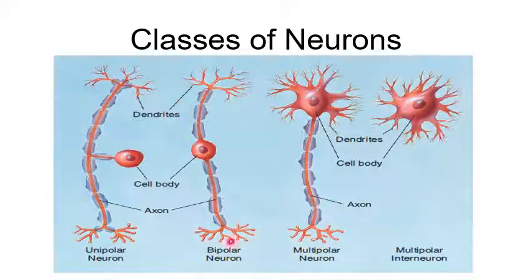In a bipolar neuron, there are two processes or projections in the cell body, so you have one, two. And the most common class of neuron is the multipolar neuron, wherein multiple projections or extensions or processes are found in the cell body of the neuron.